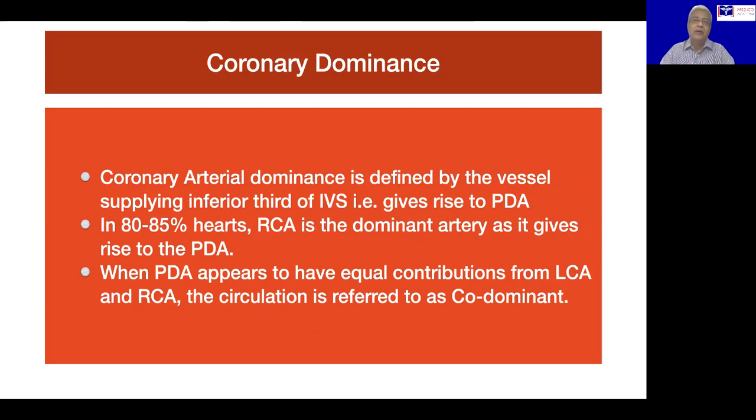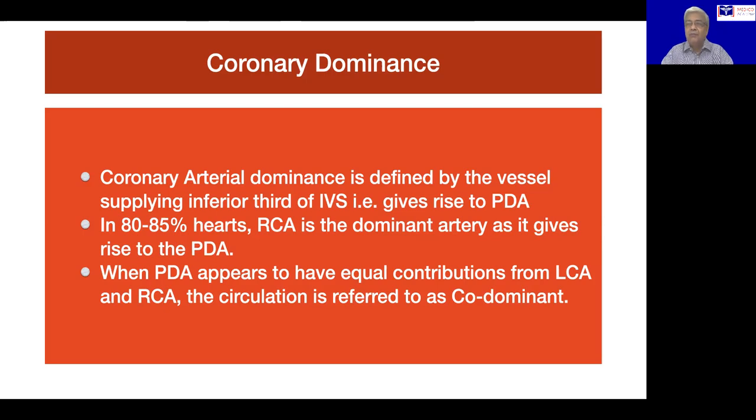Another thing to remember is coronary dominance. What is the concept of coronary dominance? Coronary arterial dominance is defined as that artery which supplies the inferior third of the interventricular septum, or it can also be called the artery which forms the posterior descending artery.